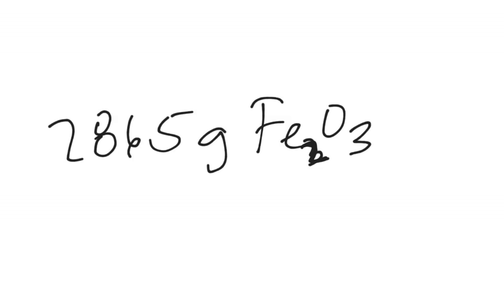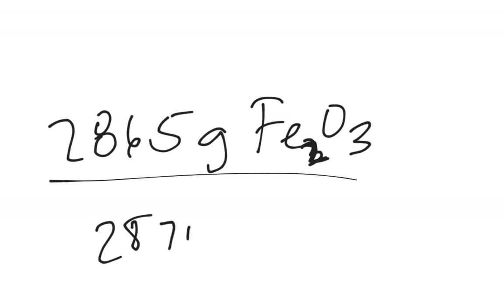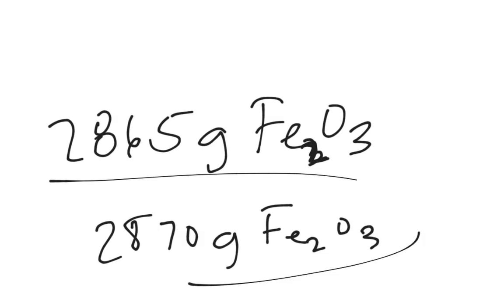With sig figs, that's 4 in 2,000, 4 in 55.85, and 3 in 160. So with sig figs, we would say that it's 2,870 grams of iron oxide.